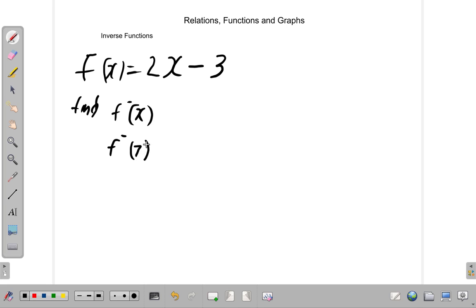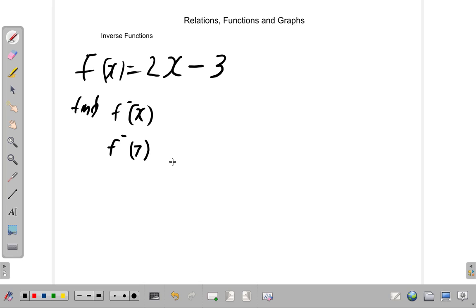Based on what was done earlier, what I want you to do at this time is to pause the video, calculate the inverse of this function and the f inverse of 7 as well, and let me see what you got. So go ahead and do that now. Pause. Alright, you paused the video and you found f inverse of x and f inverse of 7.